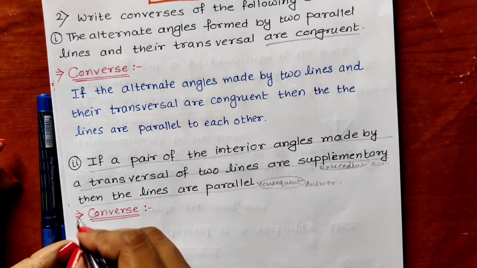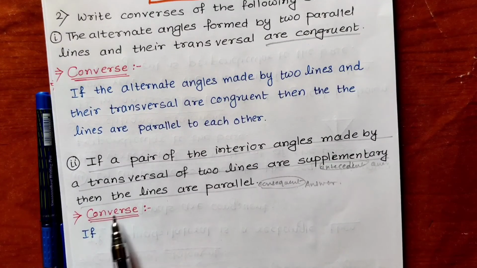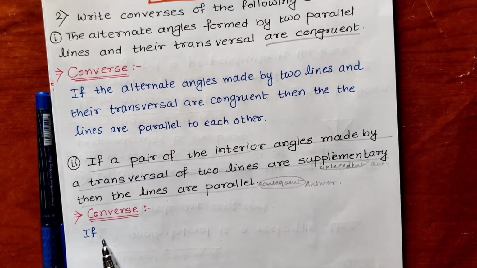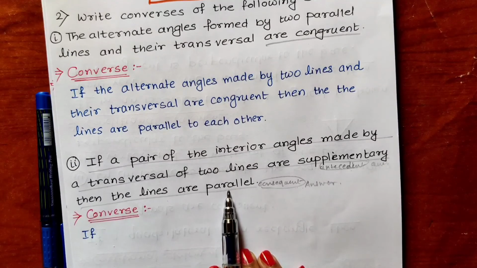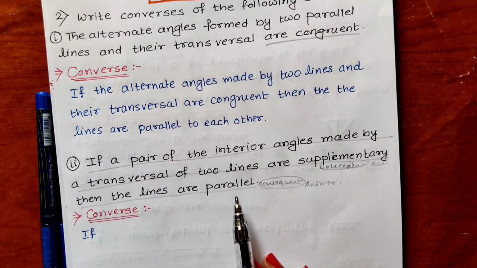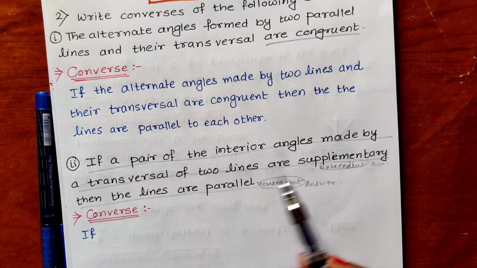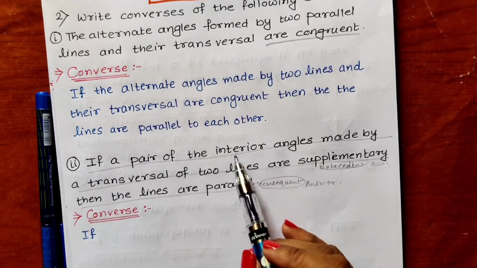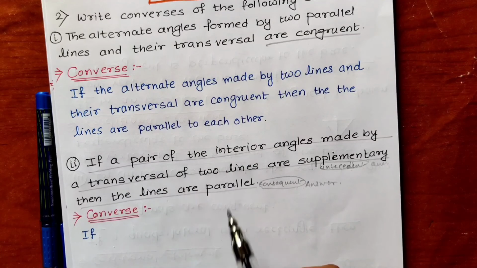So let us write if. What should be written after if? This answer should be written as question. So if the lines are parallel, okay, and they are intersected by what? Transversal. How the interior angles are made? Interior angles are made when two parallel lines are intersected by transversal. So we will have to add few sentences or few words on our own. So how to write?